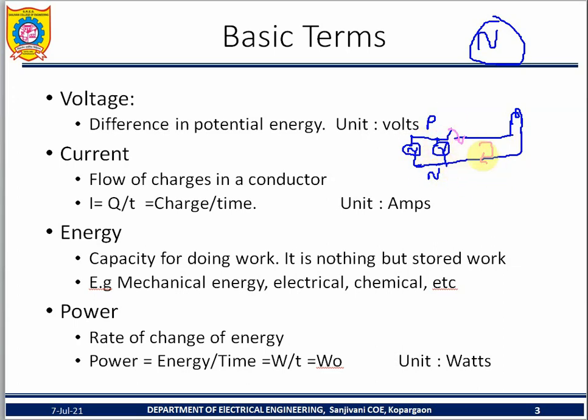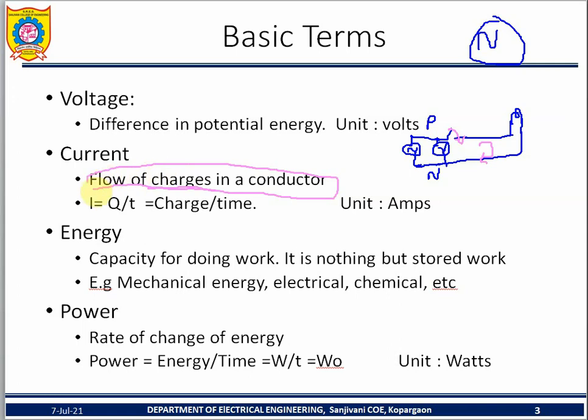So when current flows in the circuit, the circuit should be in a closed condition. When it is closed, the charges move. The flow of charges moves from here and flows onward. The charges move.